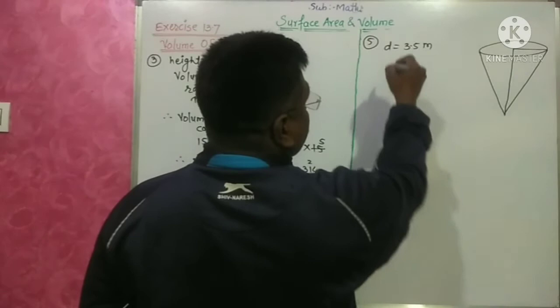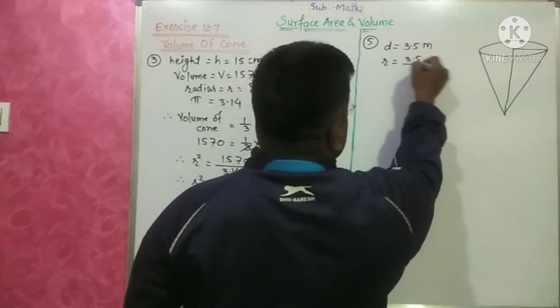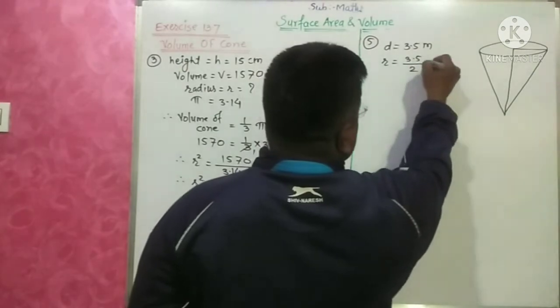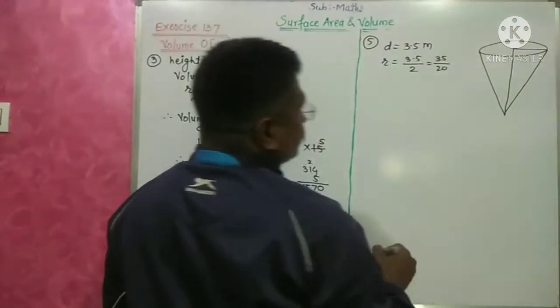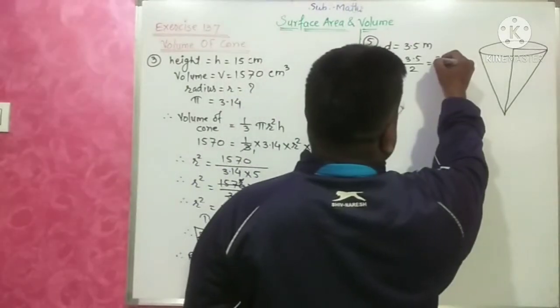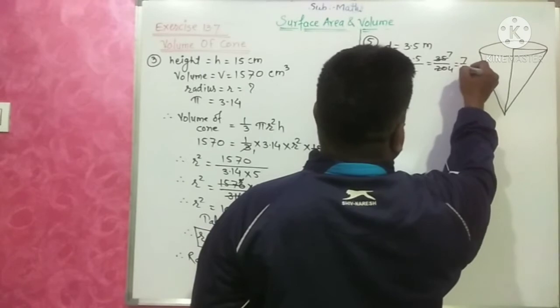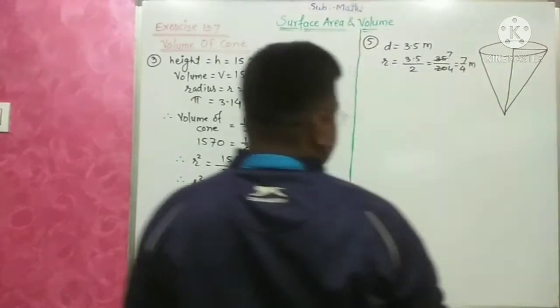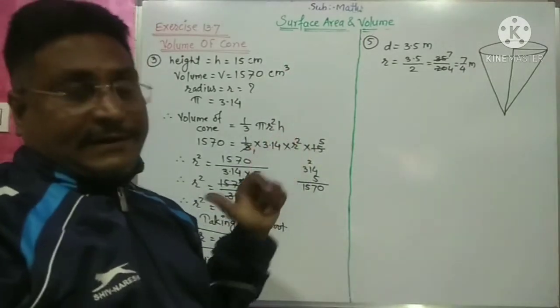So what has to be done? Convert to radius. 3.5 by 2 means 35 by 20. So what will we get? 5 7s are 35, 5 4s are 20, so 7 by 4 meter. Keep it in fraction. Don't convert to decimal.